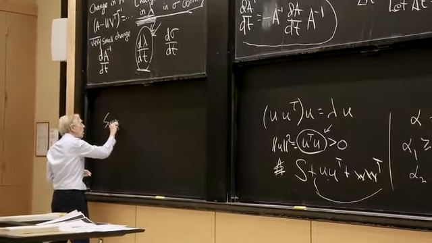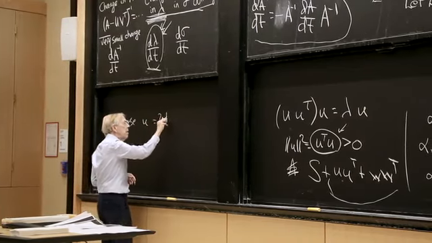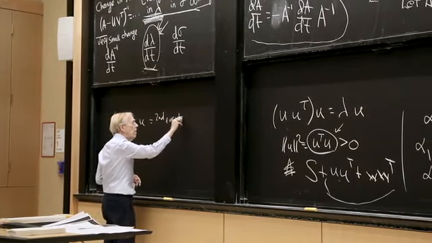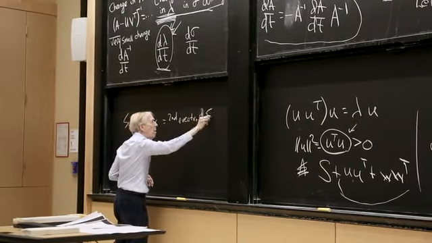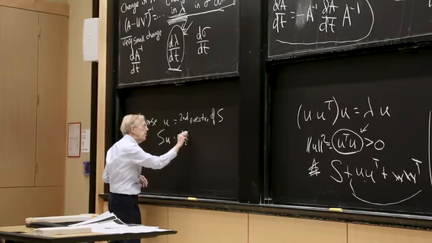Suppose u is actually the second eigenvector of S. What do I mean by that? I mean that S times u is lambda 2 times u.